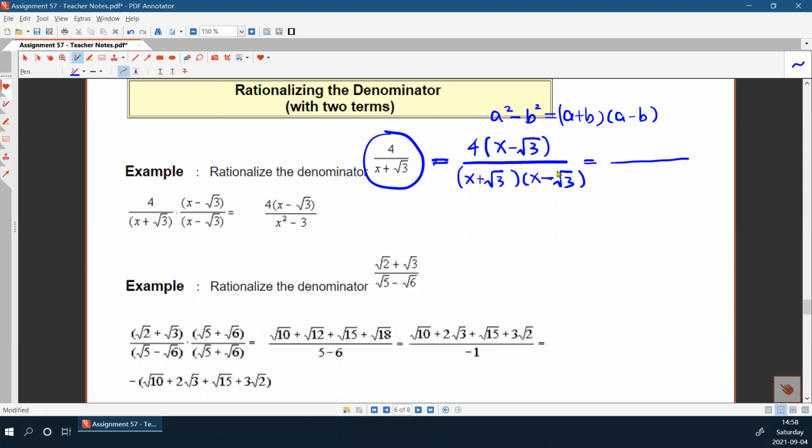So in this way, the denominator becomes x squared minus 3, right? And the numerator becomes 4 times (x minus square root of 3). And there is no radical sign in the denominator. So the denominator has been rationalized.